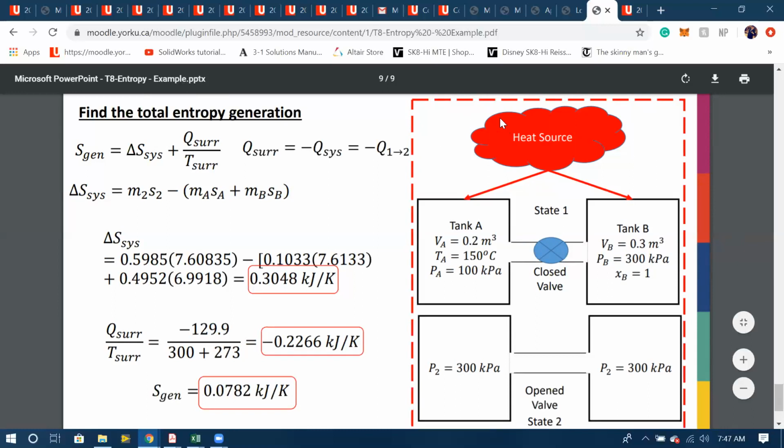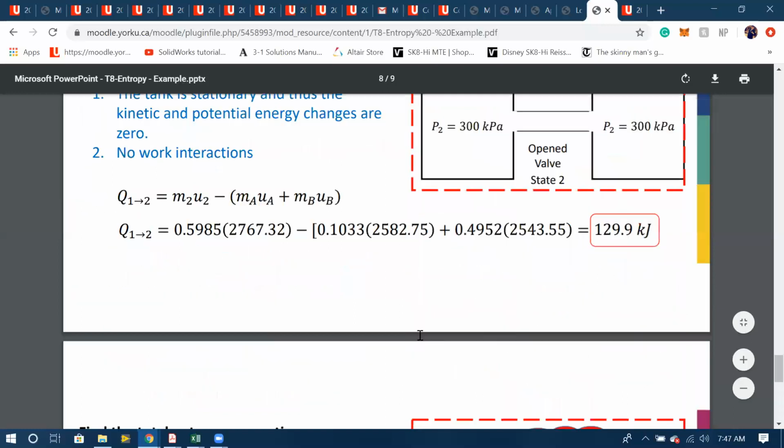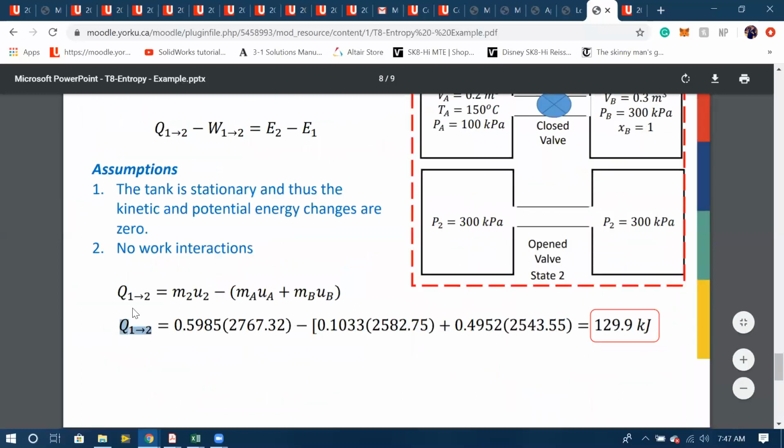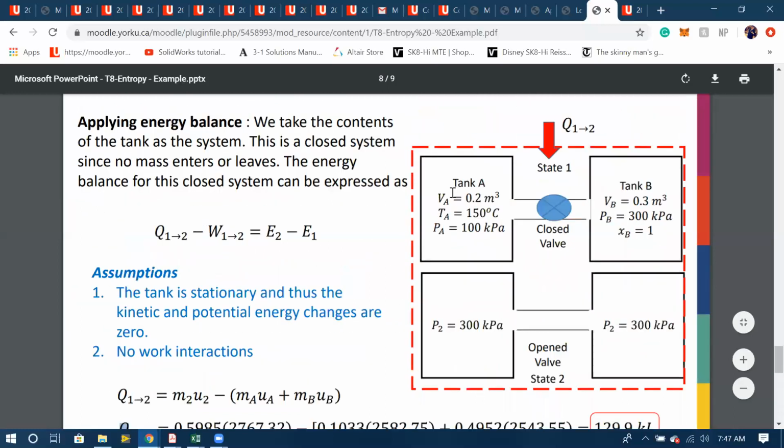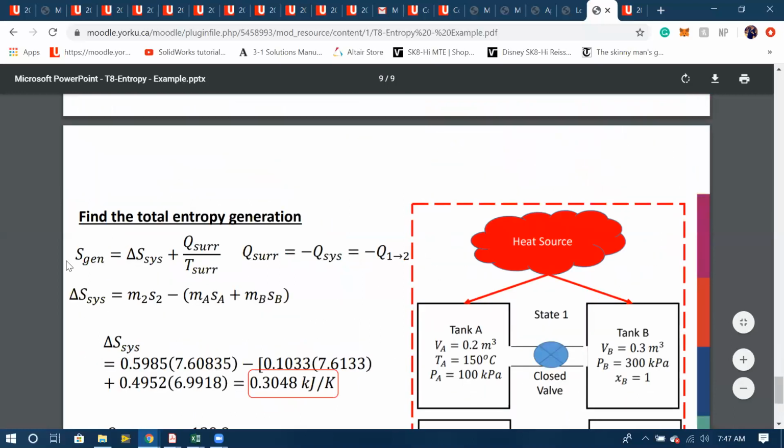If surroundings mean that we're studying the heat source, we're not studying the tank itself. But Q1 to 2 means that we're studying the tanks, not the surroundings. In the Sgen formula, we have Q surrounding, not Q1 to 2.